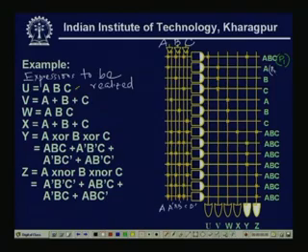P 2 is simply A, P 3 is B, P 4 is C. Now, P 5 is A complement, P 6 is B complement, P 7 is C complement.